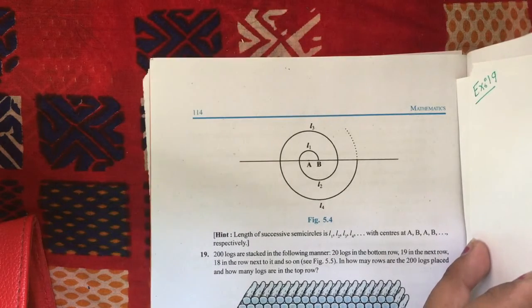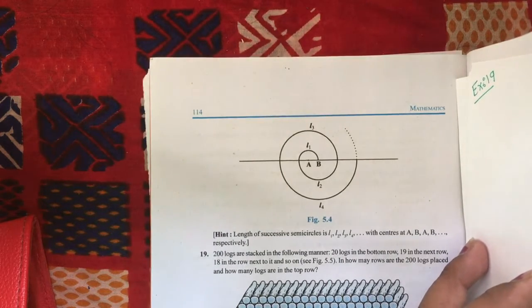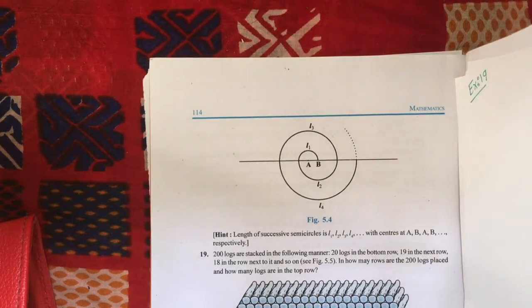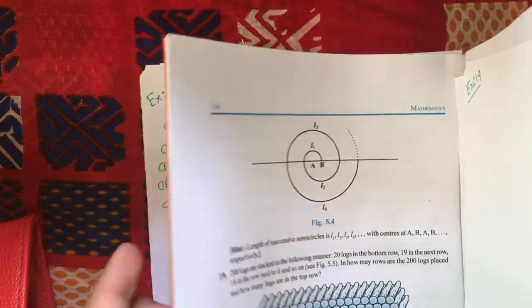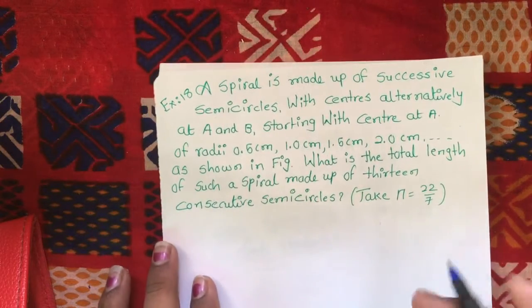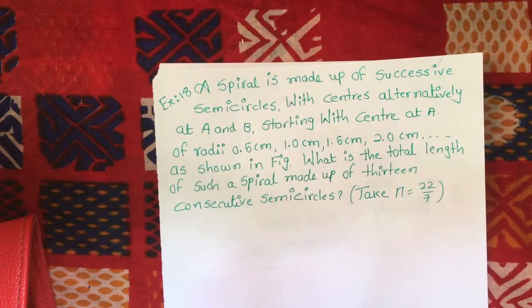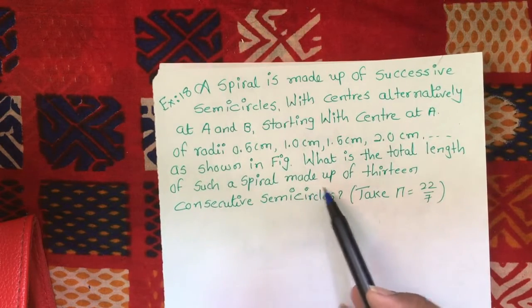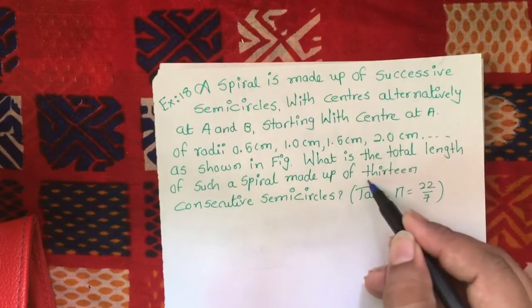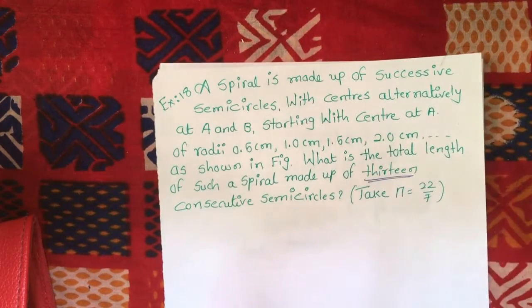So we will apply the semicircle formula, and then we are having an AP using the semicircle. Okay, so what is the total length of such spiral made up of 13 consecutive semicircles? Okay, so how long we have to go? 13.